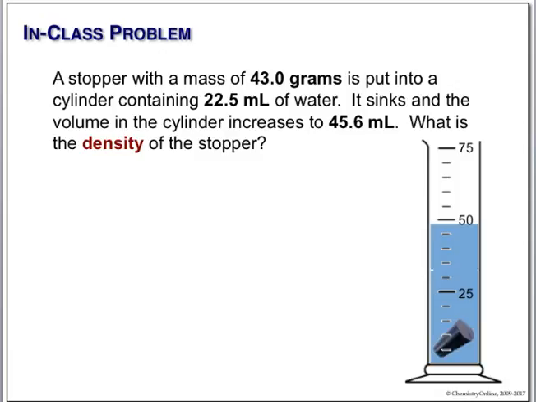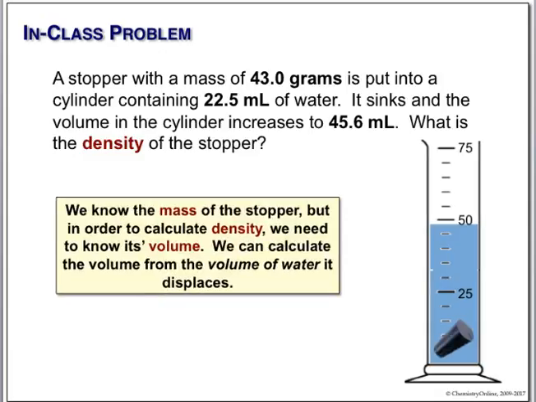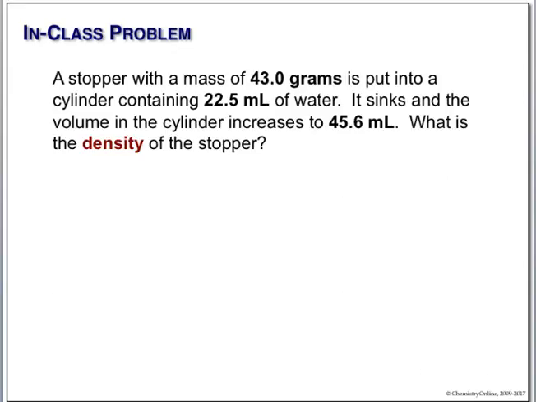The change in volume represents the volume of our stopper. So we know a mass, we know our volume, that's the difference here, so we can calculate the density. We know how much water it displaced, that means we know its volume. Density, quite simple. Again, mass divided by volume.